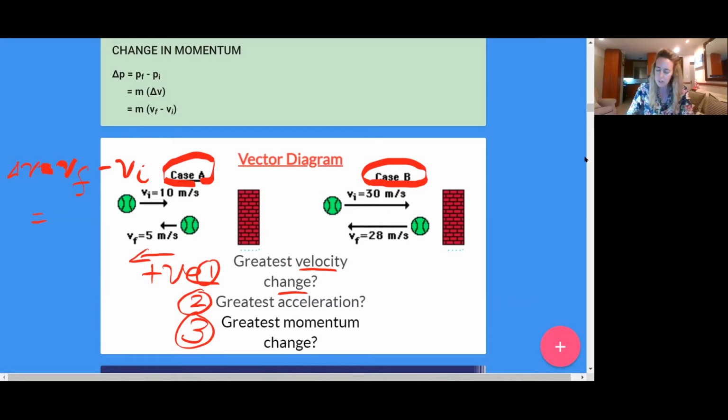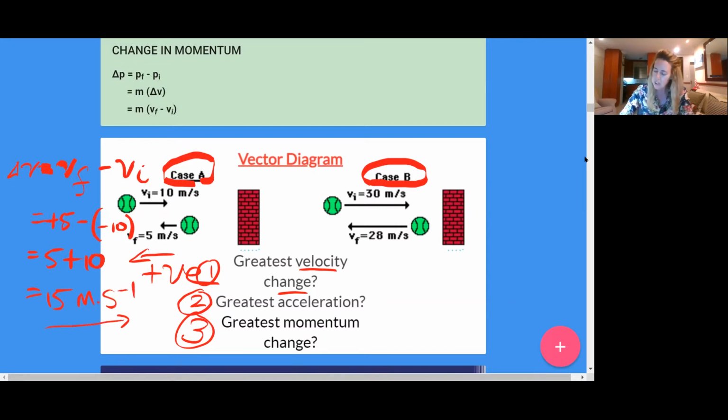So our final velocity would have a vector quantity value of positive 5 meters per second. I subtract my initial velocity, and that initial velocity vector direction is in the negative direction. So I'm going to show that as negative 10 because it moves in a negative direction at 10 meters per second. So that gives us 5 plus 10, because negative times negative is positive, and that is 15 meters per second.